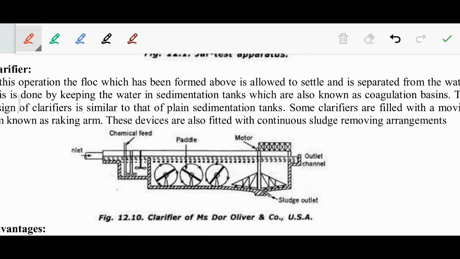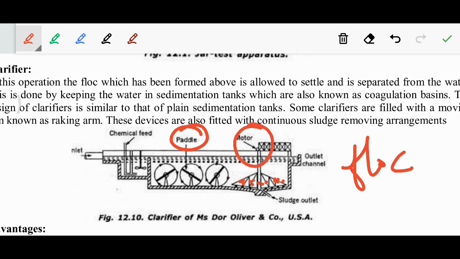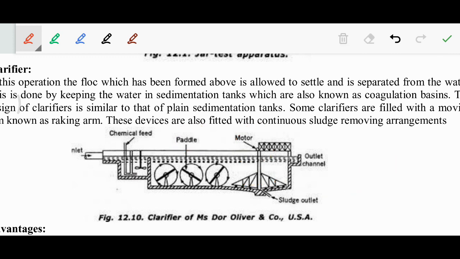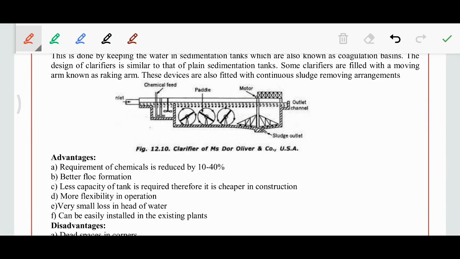It will be separated from the sludge outlet. This clarifier consists of paddles. They rotate and make the flocks settle at the bottom. Then, with the help of a motor, this will be wiped off and the sludge will exit from the outlet. So this is the concept of a clarifier.